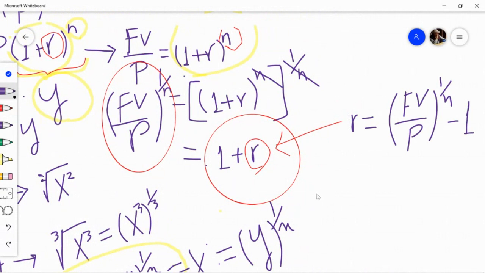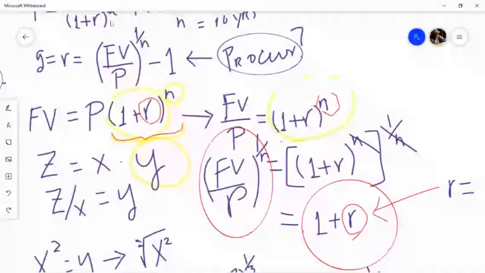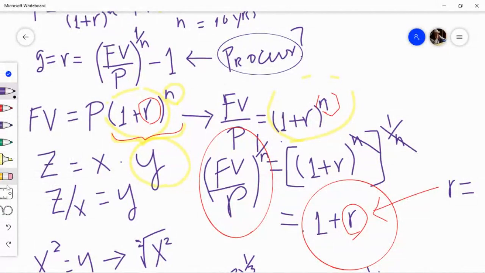And then think about it. This is exactly how we arrived at this. In other words, this is the result.